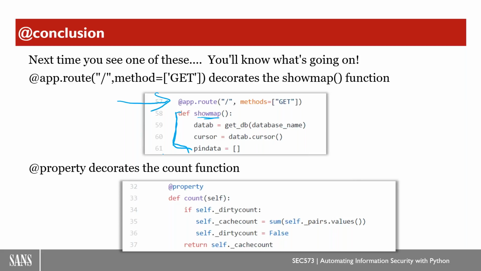And this new version of showmaps is going to have these attributes predefined in memory for some code that's going to execute in the setup of showmaps or in the exit of showmaps. That's what this decorator is doing.